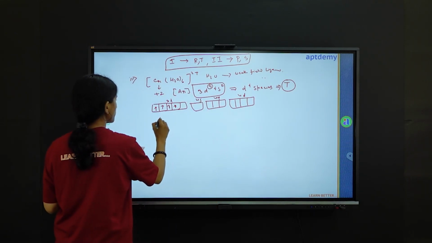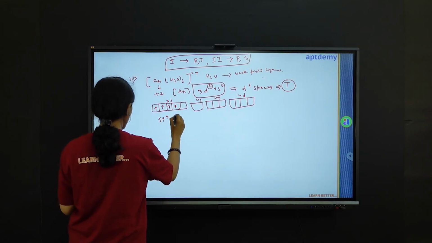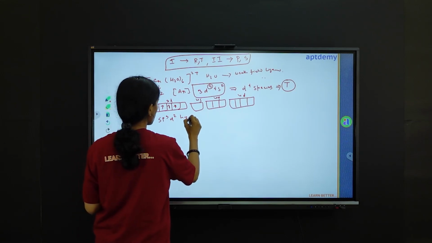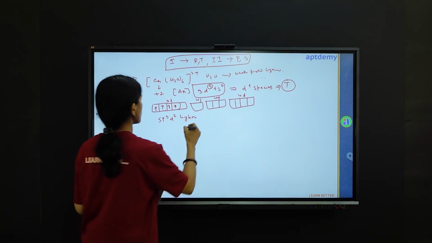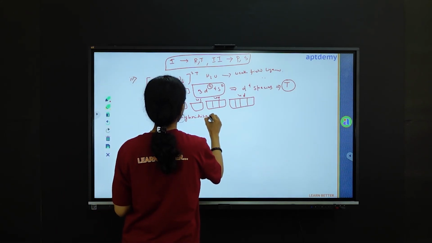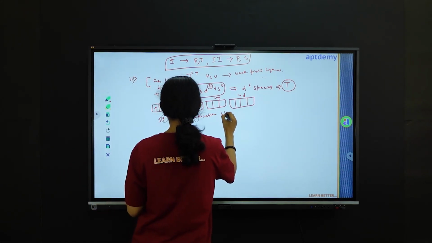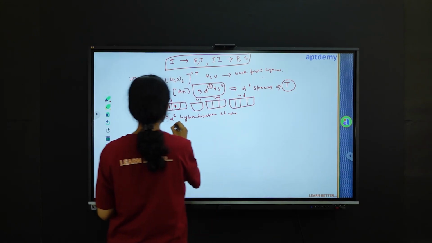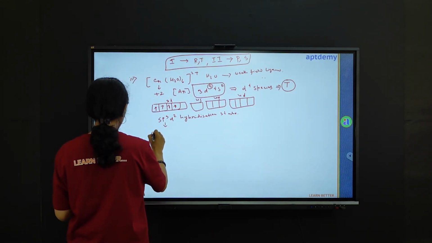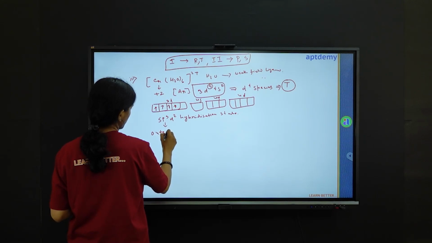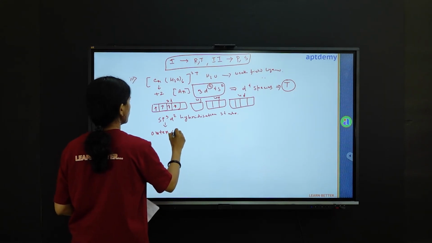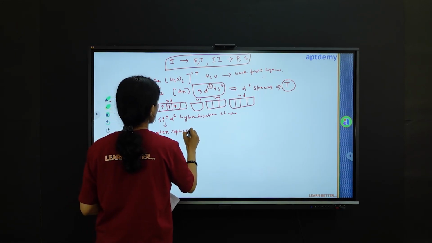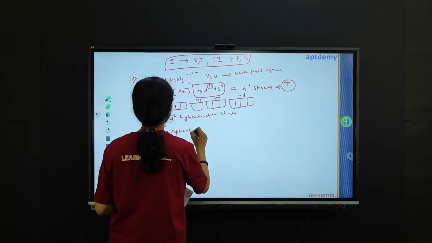So it is presenting sp3d2 hybridization state of the central metal ion, that is chromium in this case, and also represents an outer sphere complex, because our water is a weak field ligand in this complex ion.